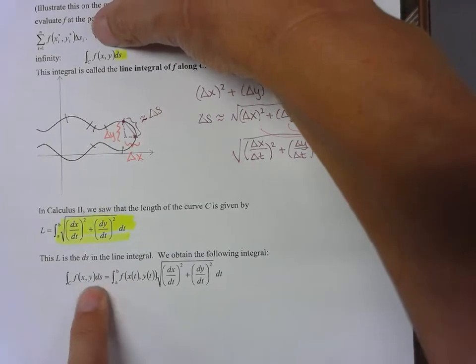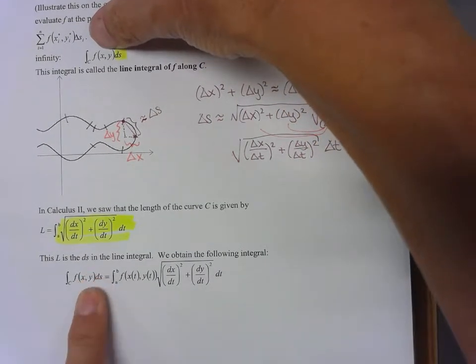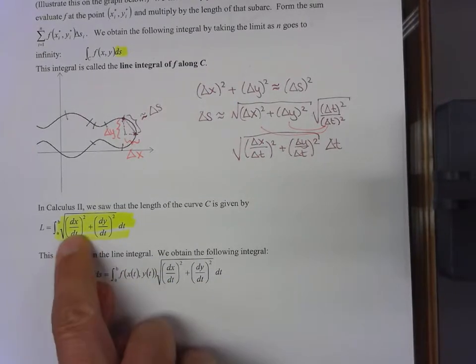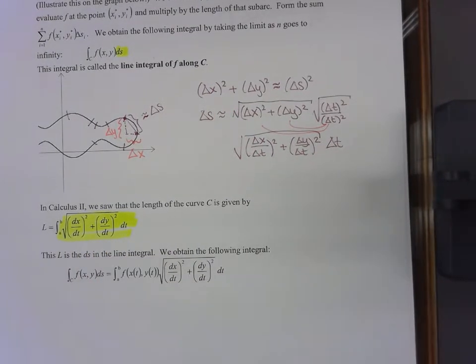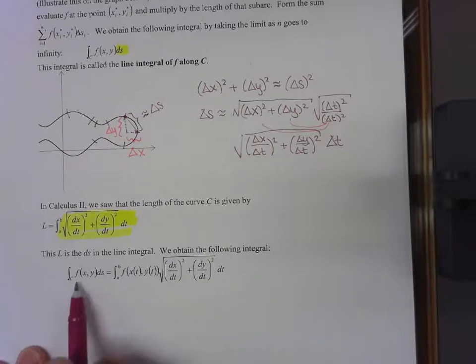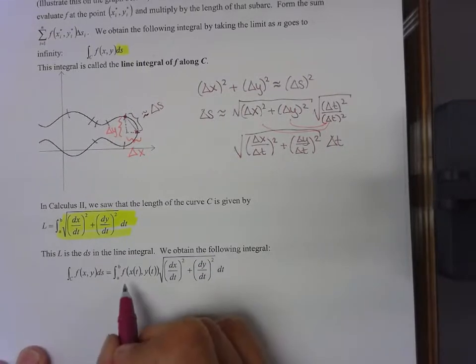Our function, f of x, y, with respect to arc length, but the arc length we have to replace with this. Now, a really important thing, when I go from here to here, this says arc length and a curve, and this says time. Time goes from A to B.